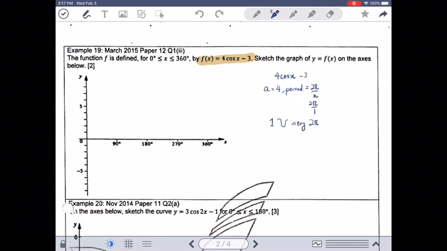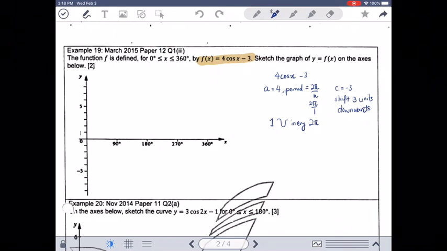And we have minus 3, which is just a shift downwards, meaning that we need to shift 3 units downward. Okay, let's draw.